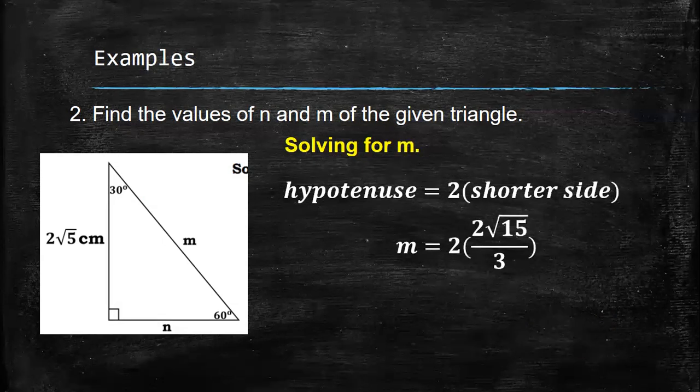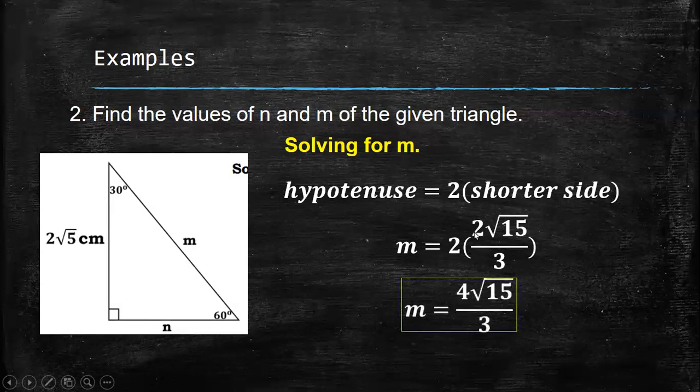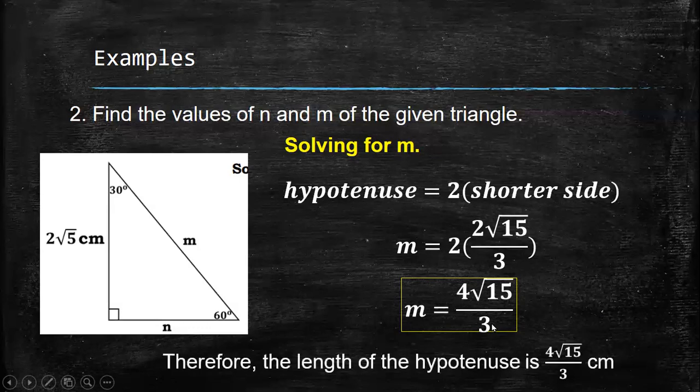We have 2 times 2 square root of 15 over 3. We multiply 2 times 2, which is 4. So our answer here is 4 square root of 15 over 3. Therefore, the length of the hypotenuse is 4 square root of 15 over 3 centimeters.